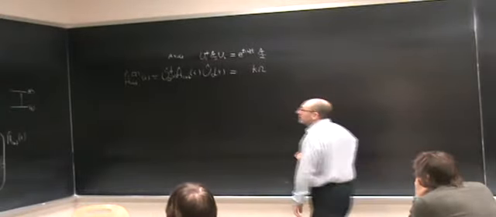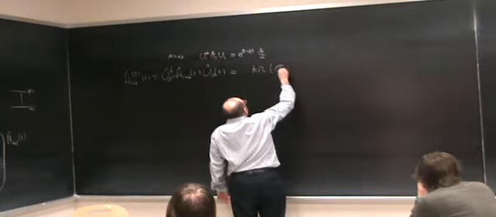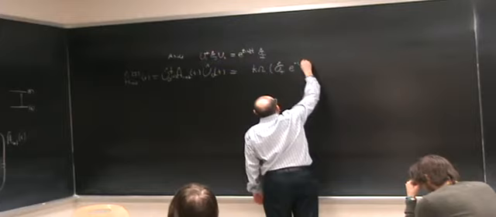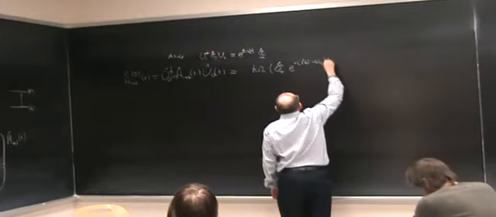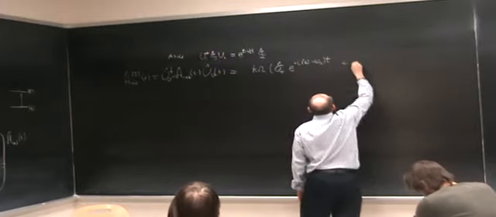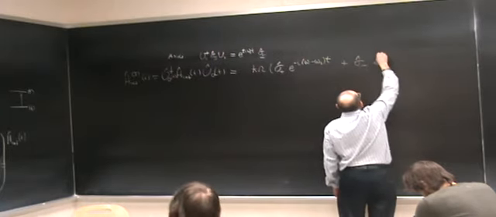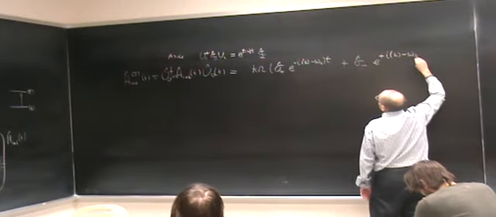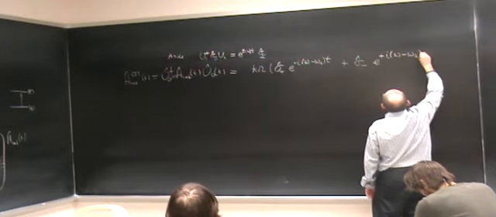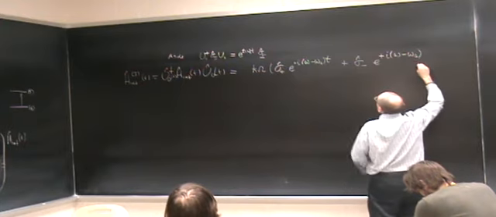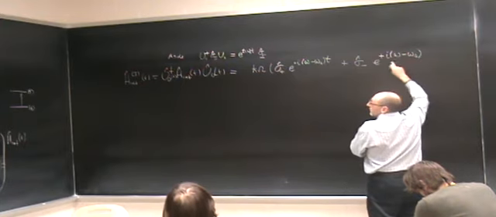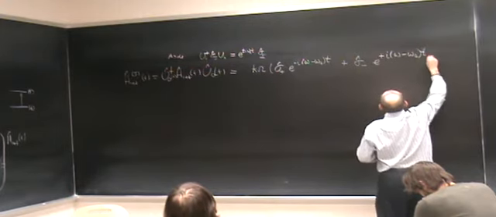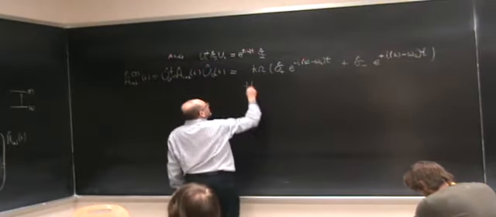So this is then equal to sigma plus e to the minus I omega naught t plus sigma minus e to the plus I omega minus omega naught. What's the other? Yeah, that's right. And then I have this.